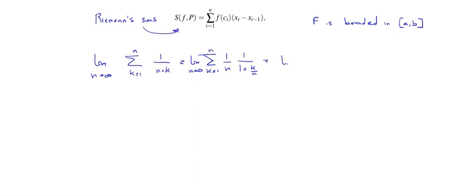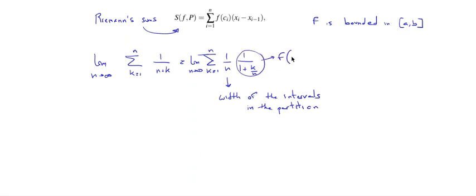So this 1 over n you can think of as the width of the intervals in the partition, right? And this is f at the point k over n, where the function f is 1 over 1 plus x, right?